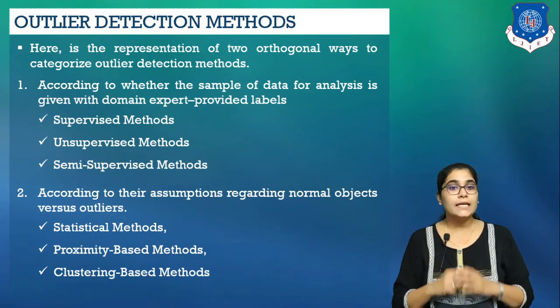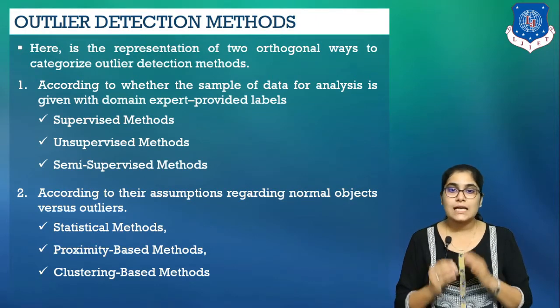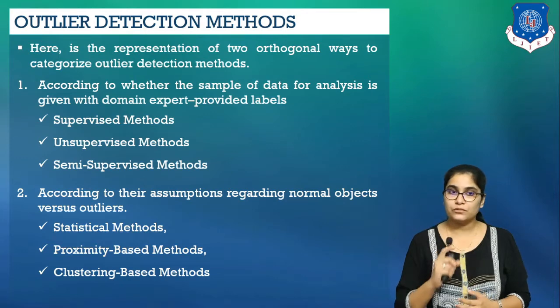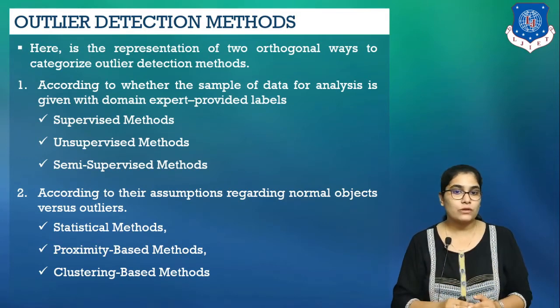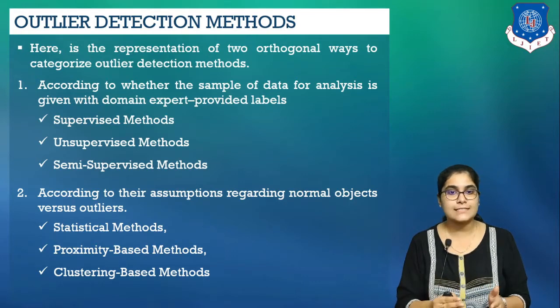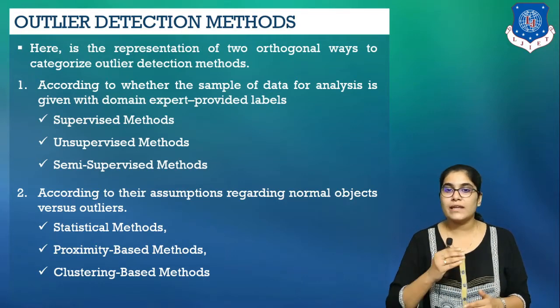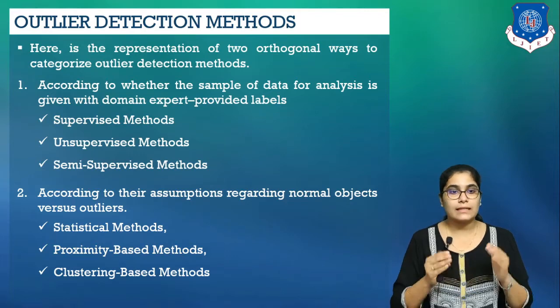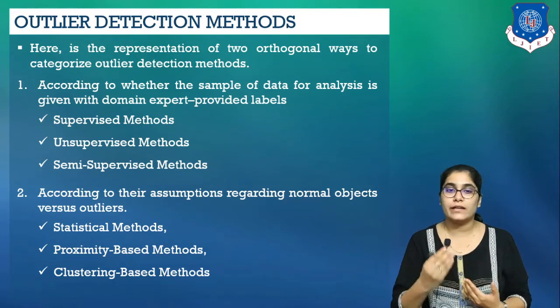Here we present two orthogonal ways to categorize outlier detection methods. The first one categorizes outlier detection methods according to whether the sample of data for analysis is given with domain expert provided labels that can be used to build an outlier detection model.